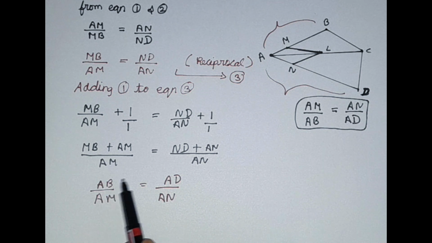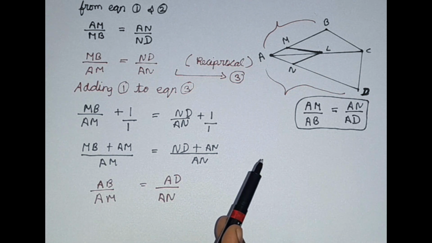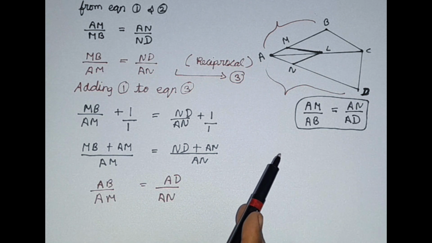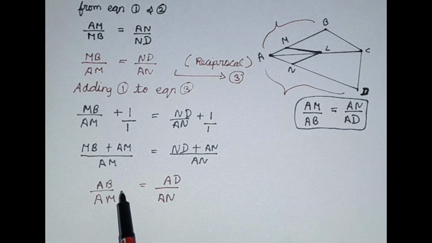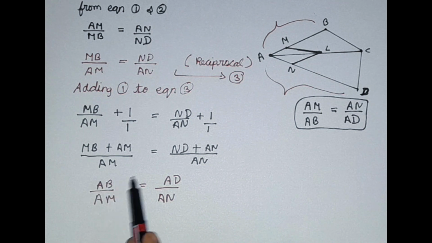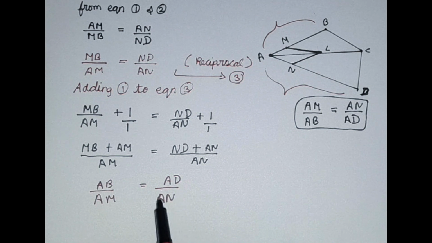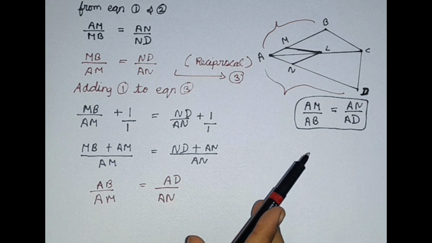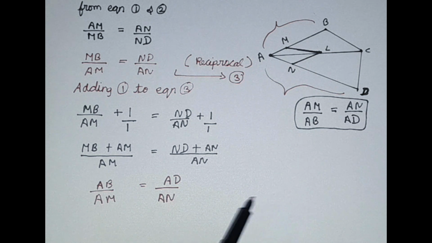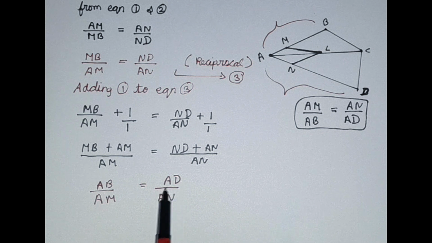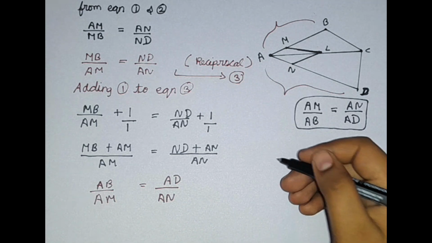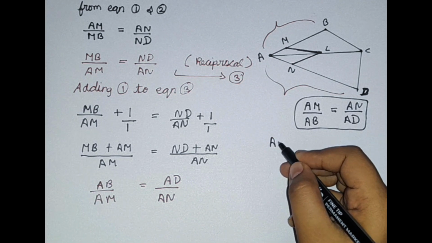According to what we are supposed to prove, we are supposed to have AB in the denominator, but here it is in the numerator. Also, we are supposed to get AD in the denominator, but here we got AD in the numerator. So again we can take the reciprocal.